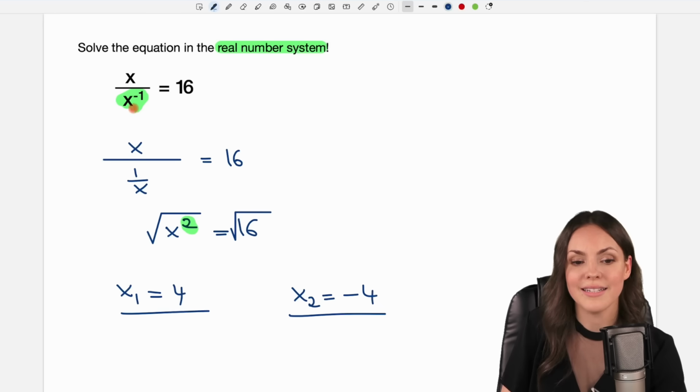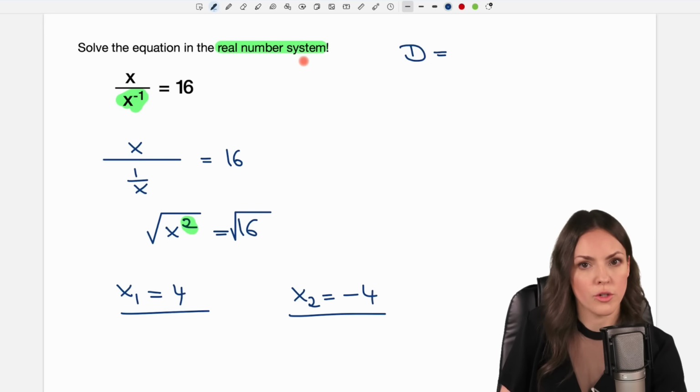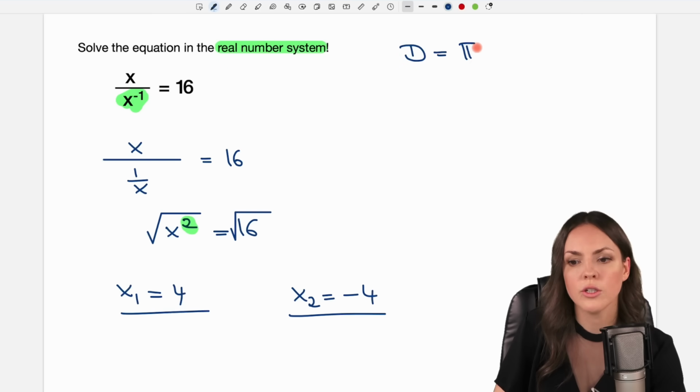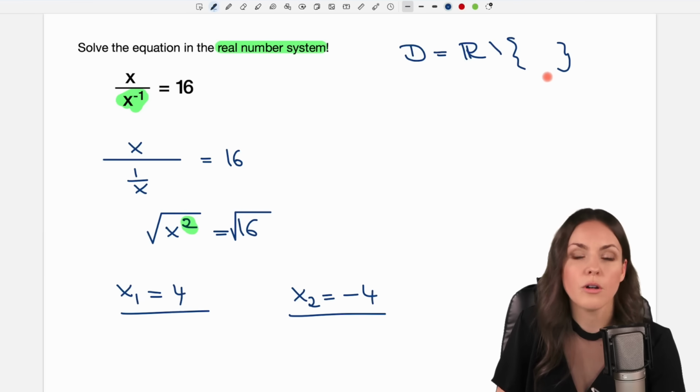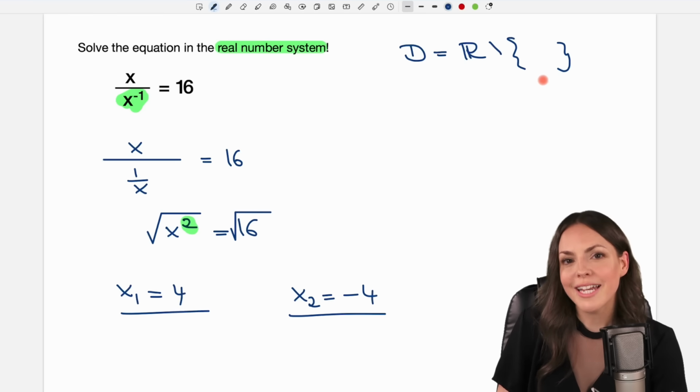Because our x here is in the denominator, we have to be careful if these solutions are real solutions. So what about the domain of my equation here? Which values are allowed to be inserted for my x? We should solve this equation in the real number system. So in general, I am allowed to insert all real numbers except for some numbers that could cause some issues, like dividing by 0.